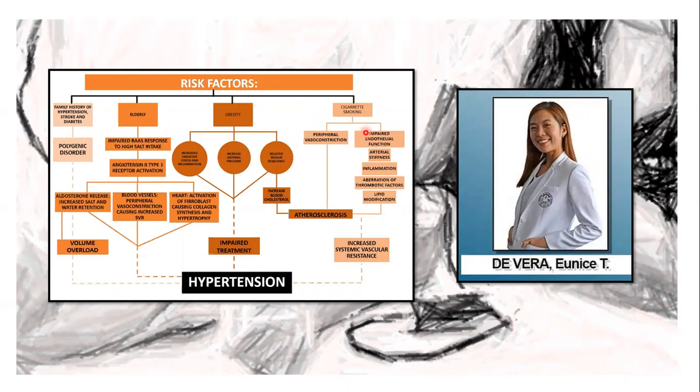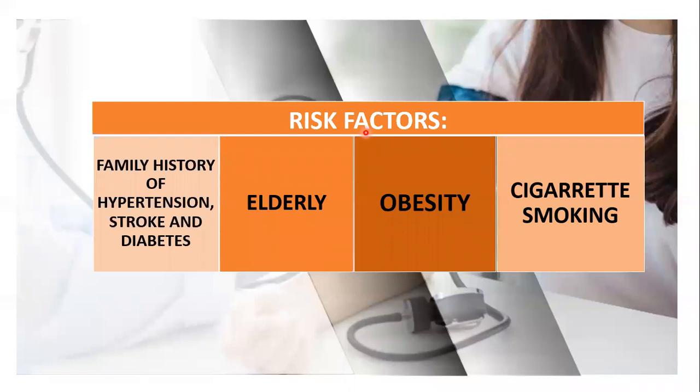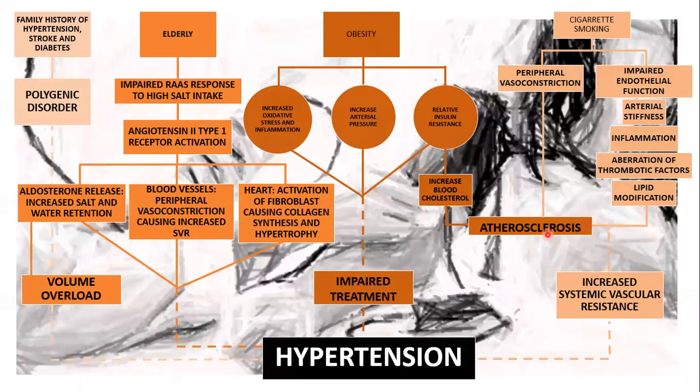Okay, so let's start. Here are the risk factors important for hypertension. First, the family history of hypertension, stroke, and diabetes. Being elderly, being obese, and engaging in cigarette smoking. As for family history of these diseases, it is important to note that hypertension is known to be a polygenic disorder.